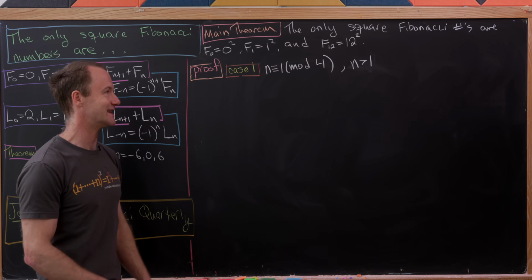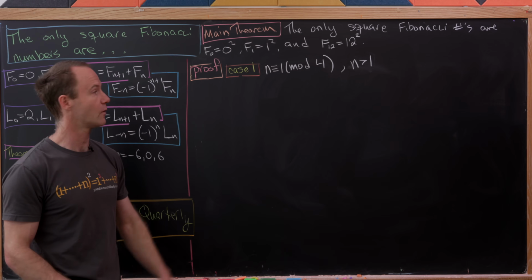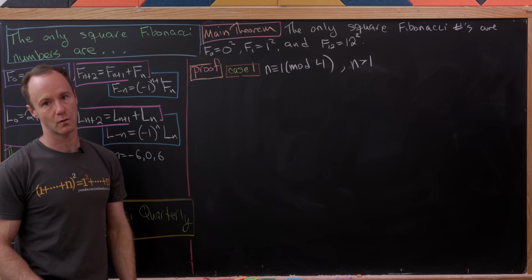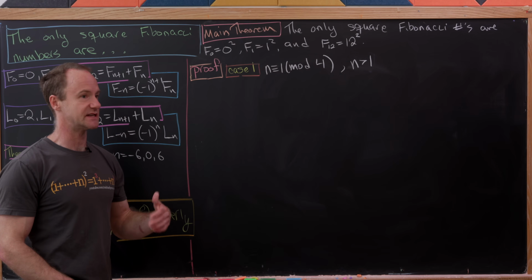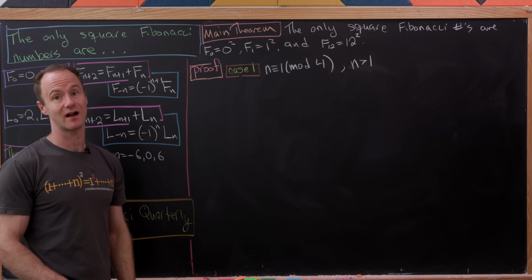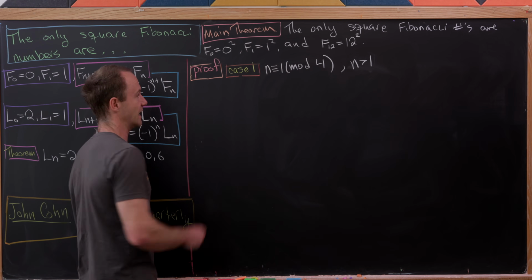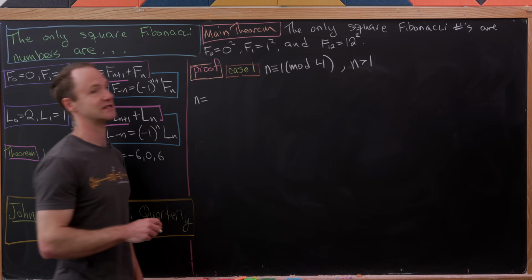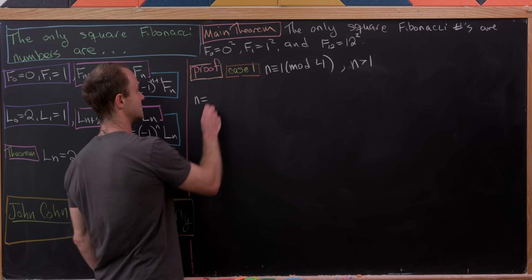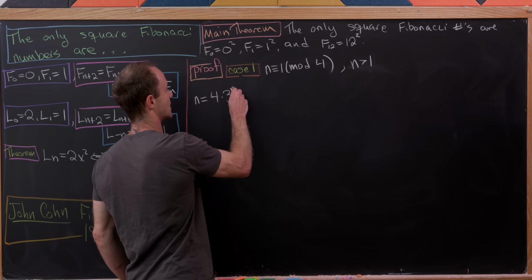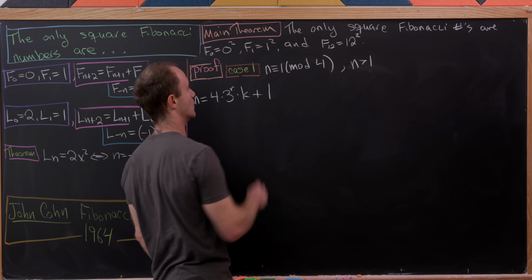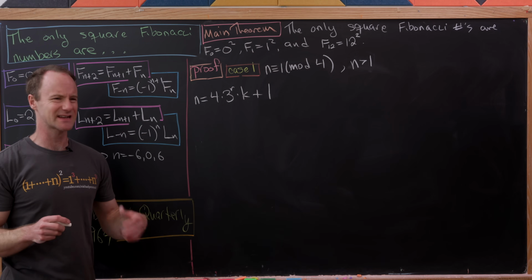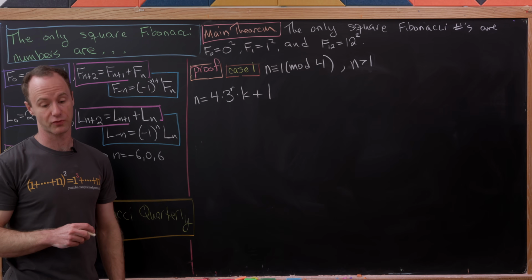The first is when n is congruent to 1 mod 4, but n is bigger than 1. Again, when n is equal to 0 or 1, you can check that on its own. Okay, so that means we can write n as follows. So n is equal to 4 times 3 to the r times k plus 1. And so that's kind of in line with what we did in our previous result.